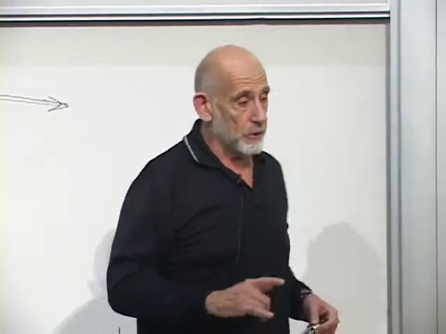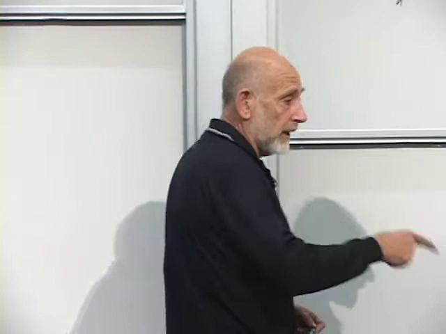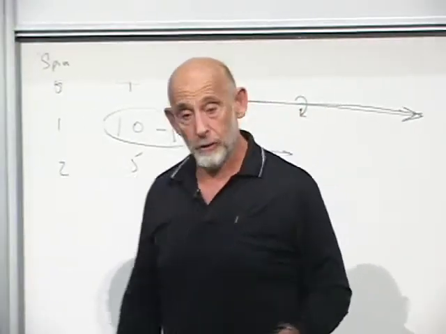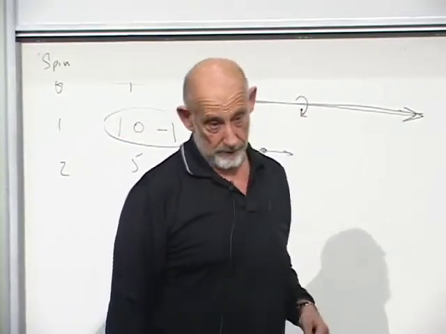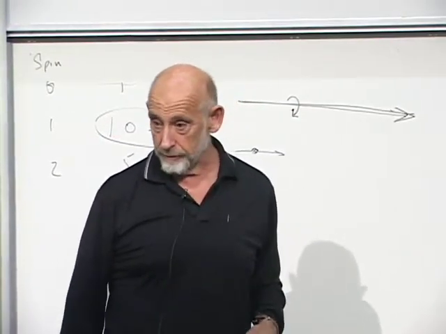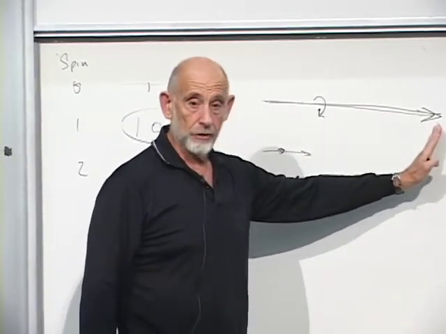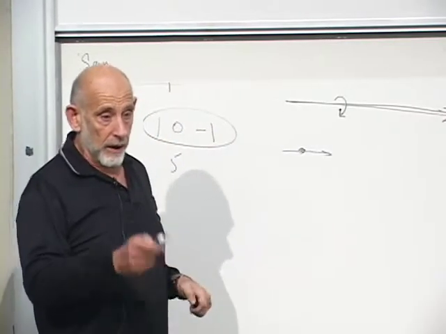It corresponds to an assemblage of photons which are either right-hand spinning or left-hand spinning. There are no photons which are not polarized at all. Polarization is always perpendicular to the direction of motion. It's either right-handed or left-handed.